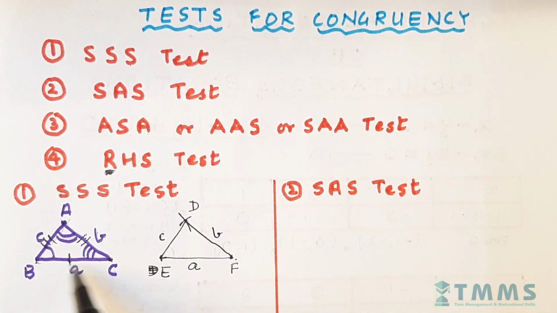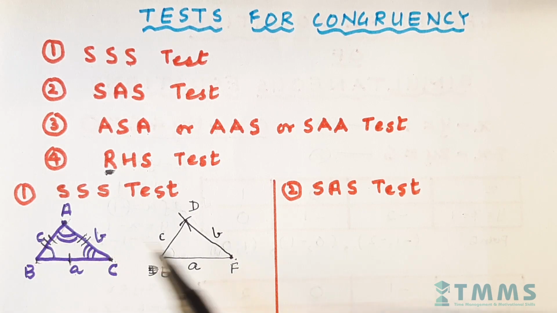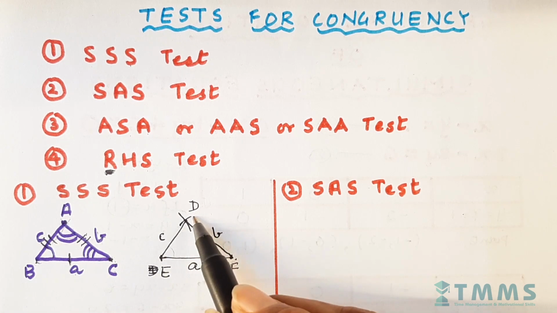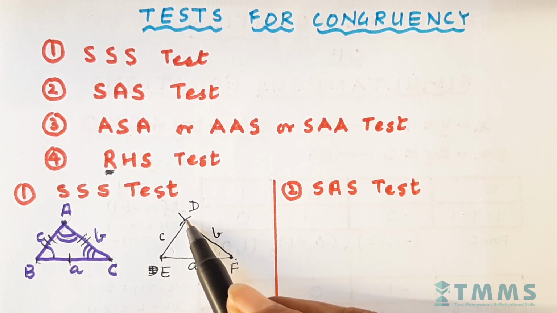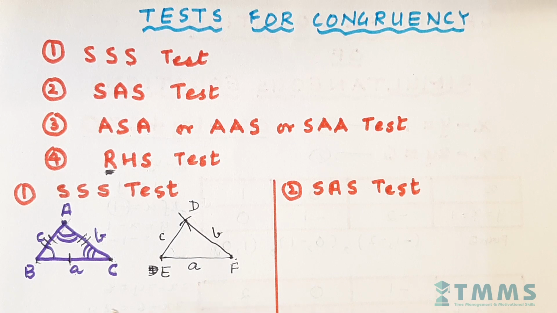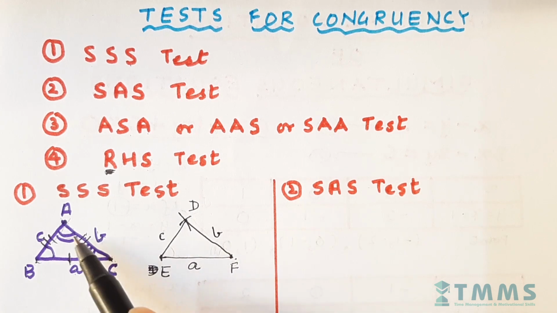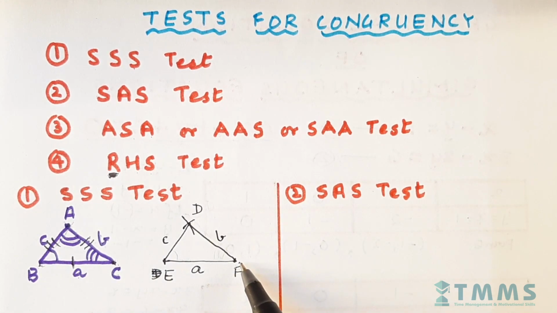Now can you see that BC and EF have the same measure? So BC is corresponding to EF. AB is c centimeters and DE is c centimeters. So AB is corresponding to DE, and AC is b centimeters, DF also is b centimeters, and so AC corresponds to DF.